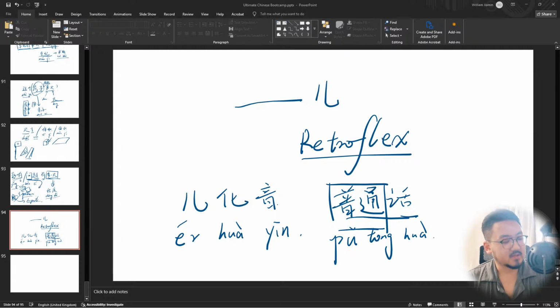But if you add r wrongly, adding r everywhere, that is very bad. Especially people from the north will think that you're laughing at them, intentionally mimicking their pronunciation badly, or pretending that you're from the north.